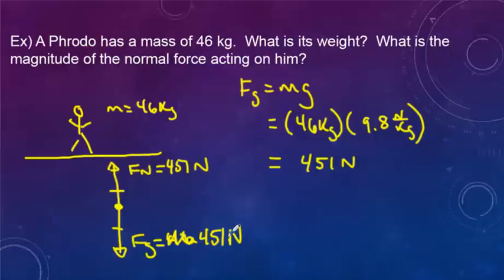So if you know the weight, you consequently know the normal force as well. And these two are equal if there's zero acceleration, which, remember, zero acceleration is not moving, okay, or moving with a constant speed.